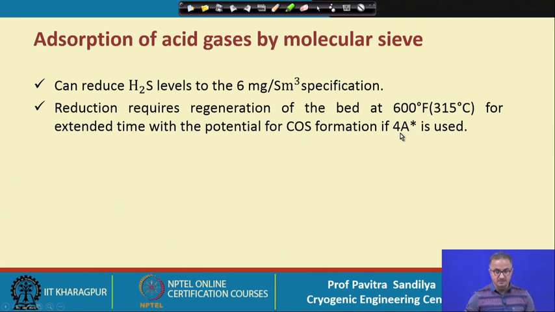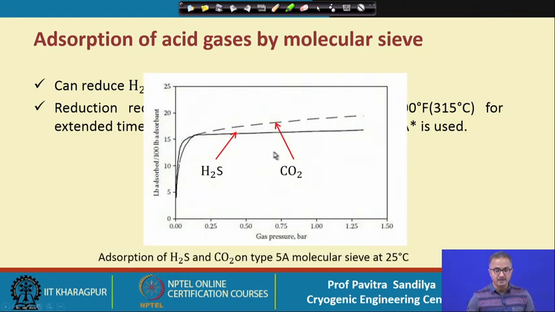And here we find how H2S and CO2 get adsorbed on this molecular sieve. In here we find that this kind of molecular sieve has more affinity towards carbon dioxide and less for H2S, though the difference is not very much, and it increases at higher gas pressure.